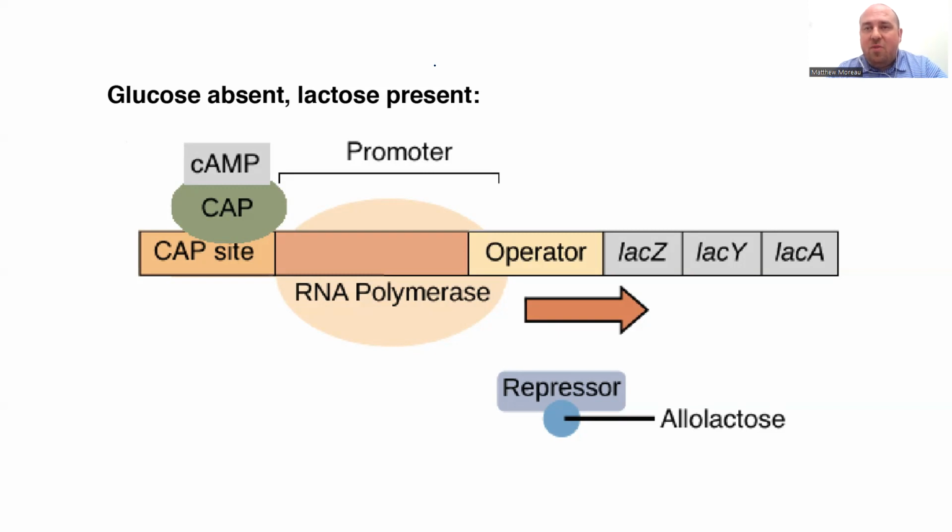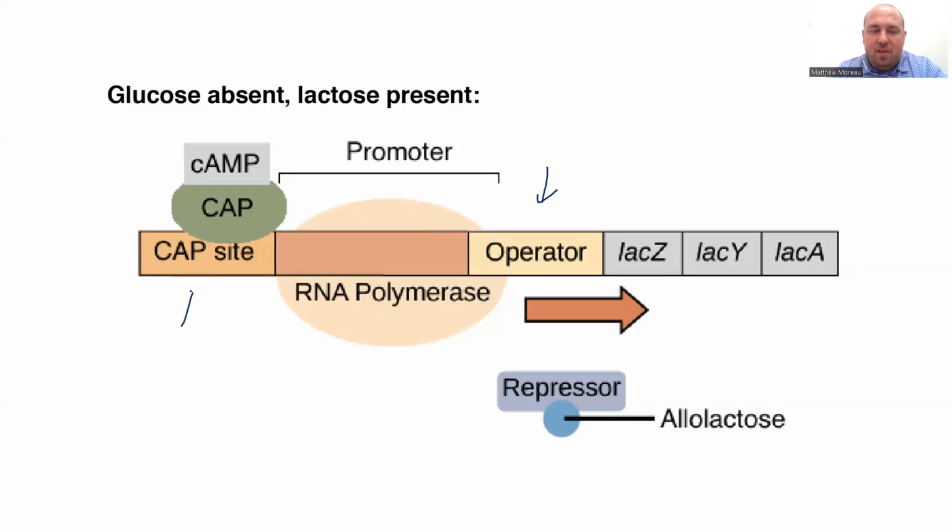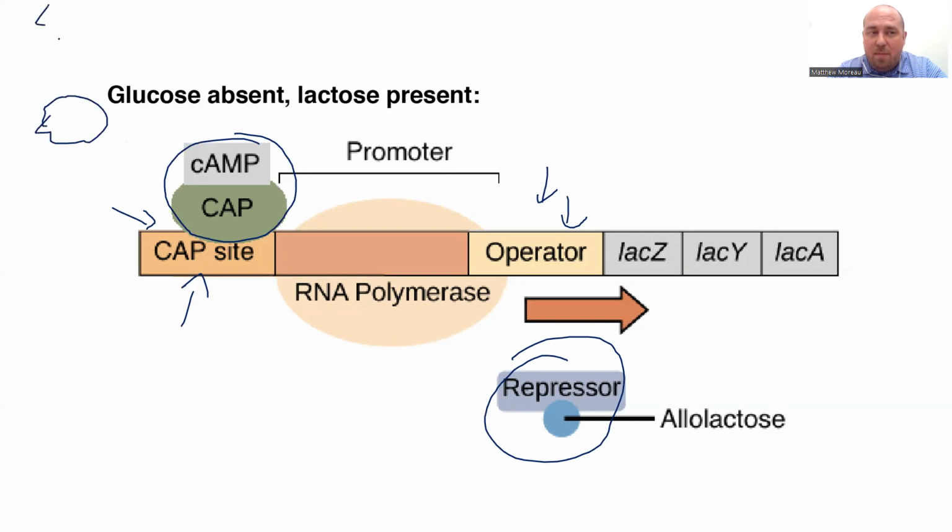This gets to the concept that there are things like operators and upstream regulatory sites, and both of them can be influenced by chemical and environmental stimuli, or intracellular chemical compositional stimuli, as well as transcription factors and regulators that come from types of phosphokinase relay systems, like we saw with quorum sensing, which can affect things binding to this.